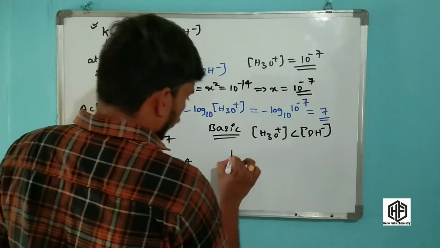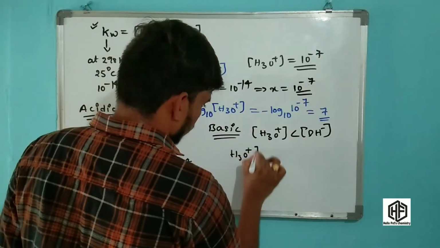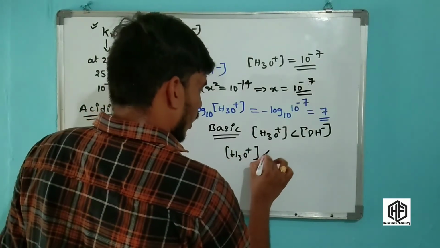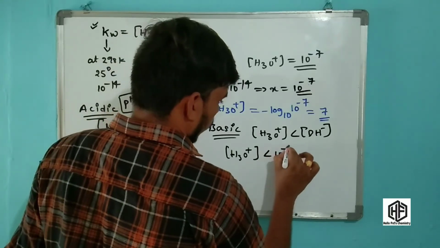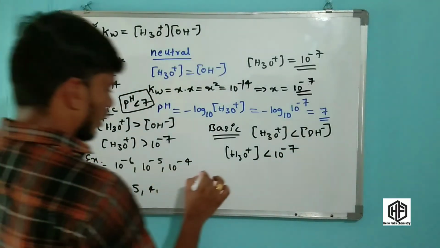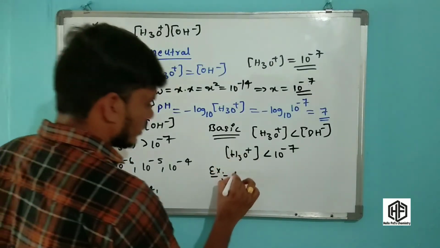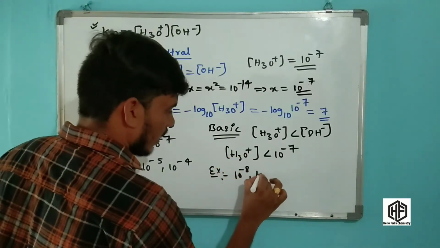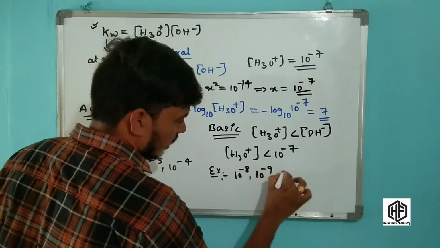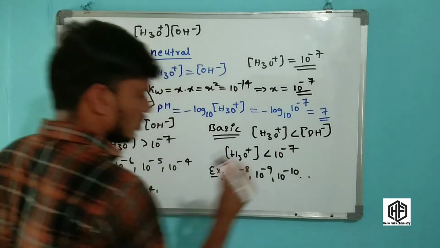It means the hydronium ion concentration is less than 10 to the power of minus 7. The values for a basic solution are 10 to the power of minus 8, 10 to the power of minus 9, 10 to the power of minus 10 and so on.